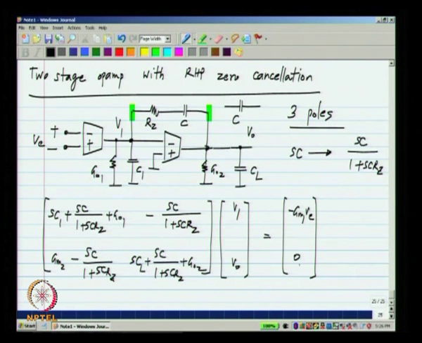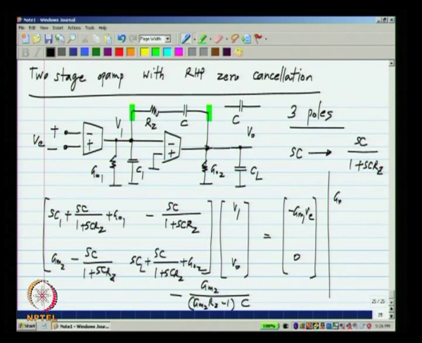Here we have minus Gm1 Ve and 0. And by taking the determinants you can find the solution. You will find that the 0 will be at what we determined earlier, that is minus Gm2 by (Gm2 Rz minus 1) times C.